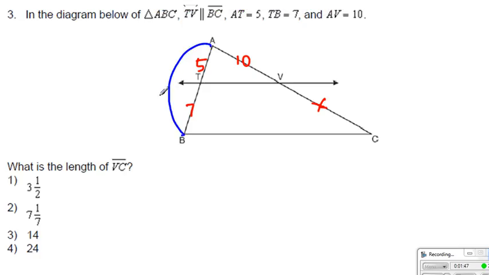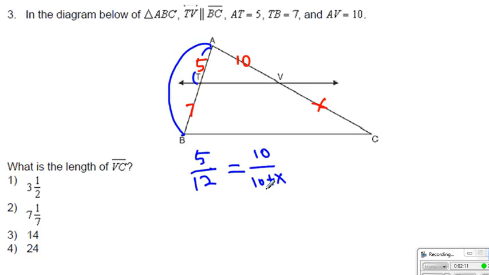You see, the entire thing is the corresponding size of the big triangle compared to the small one. So the proportion in which we're going to write is 5 to 12 is equal to 10 to 10 plus x.